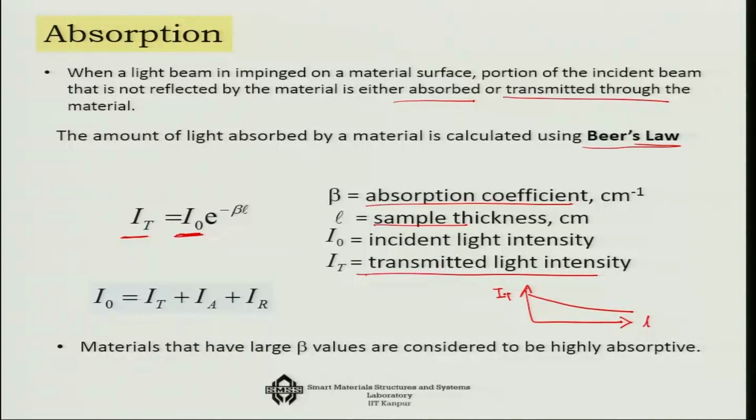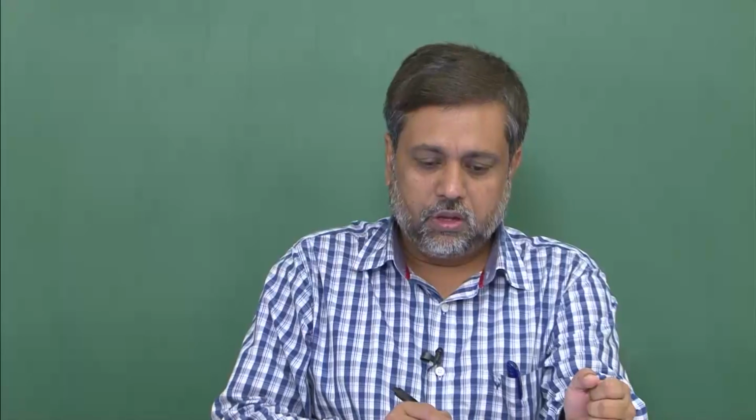So, that is about the light which is absorbed in the system. Now, materials that have large beta values are considered to be highly absorptive because they are taking most of the light energy inside the system.